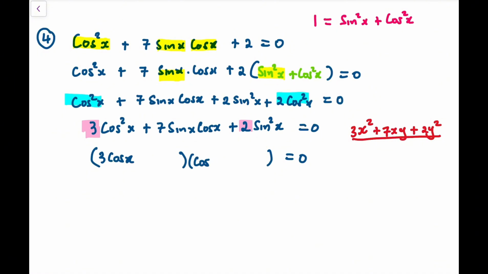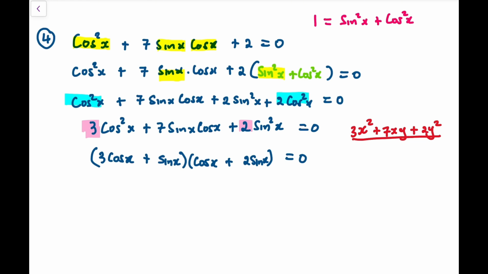So factors of 2 as well, it is 2 and 1. So the middle term is 7. So here we are going to have 1 sine x, and then here we are going to have 2 sine x, and it is plus and plus. So it is equal to 0.